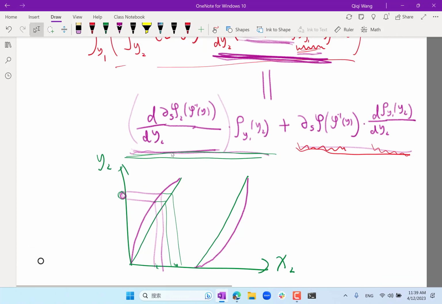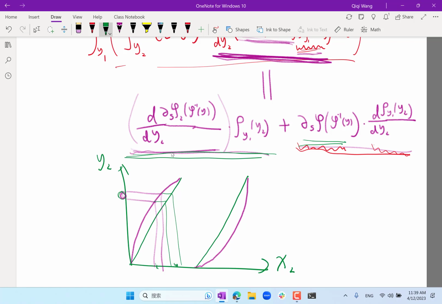So the second term represents a shift in where the density comes from. A positive value of the perturbation means a negative shift in the location from which the density got mapped.